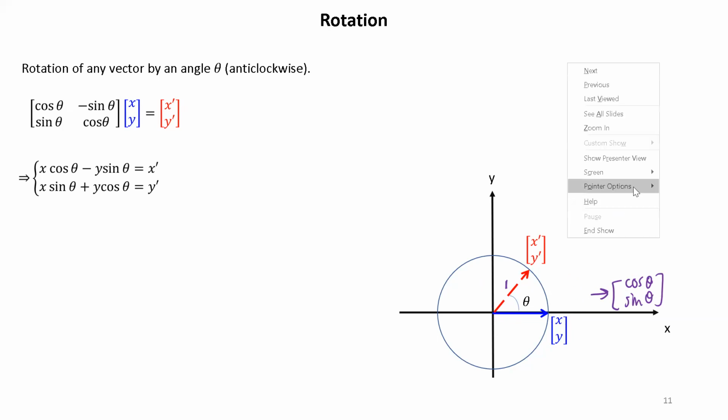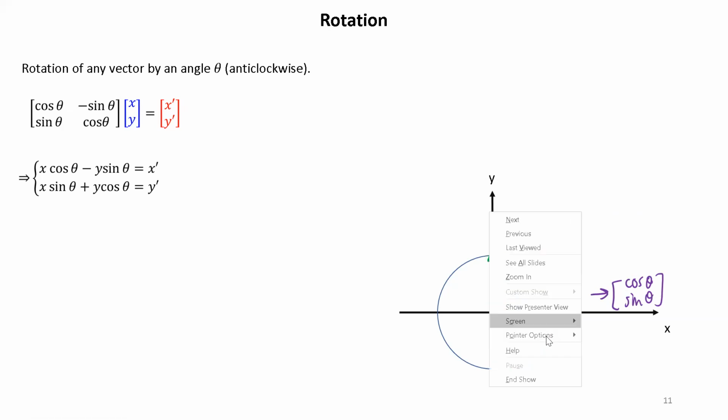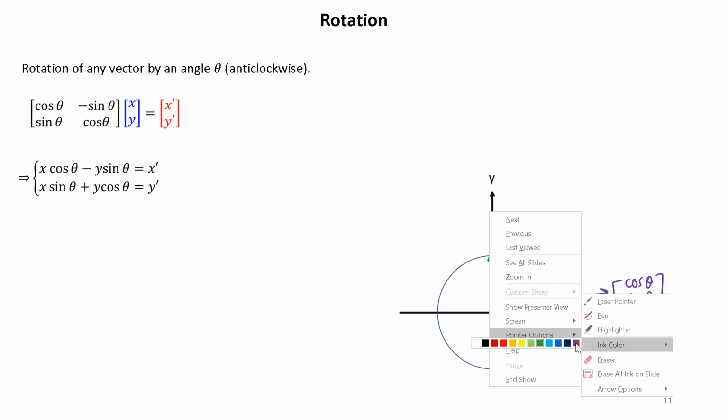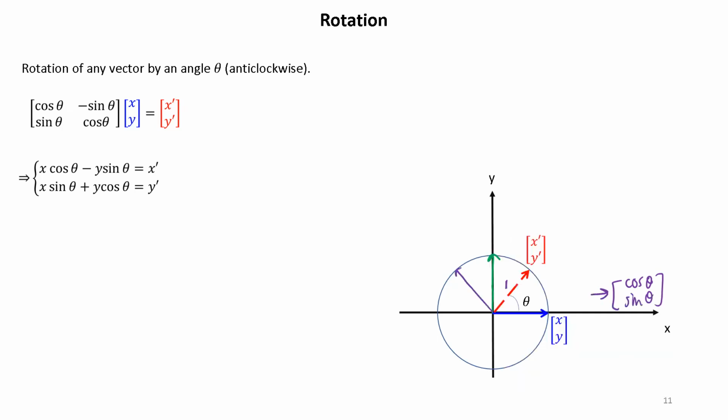Similarly, if you consider this 0, 1, then after rotation it will be over here. Then you'll be able to find that this 0, 1 gives you minus sine theta, cosine theta.